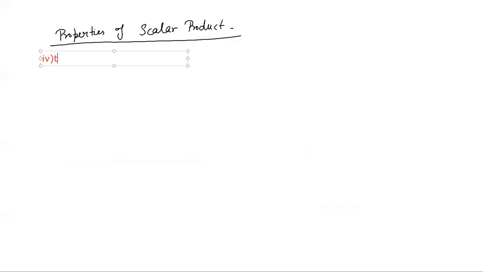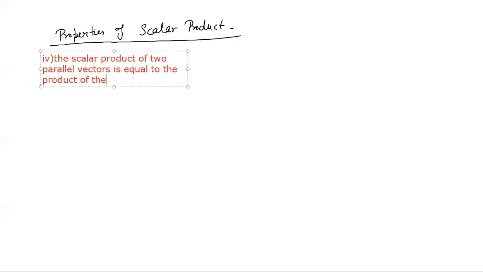The scalar product of two parallel vectors is equal to the product of their magnitude.